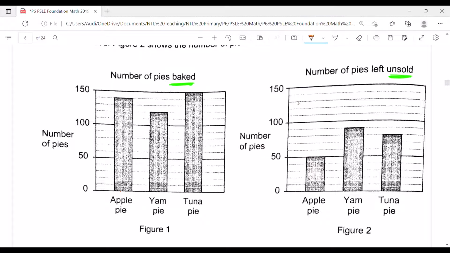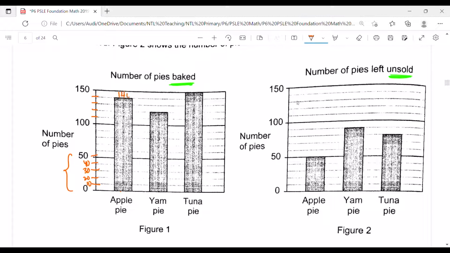So here we know that we always start from here, okay? So we can find out what is one division. What is the value of one line? So this is, let's count, okay? 1, 2, 3, 4, 5. There we go. So this must be 10, 20, 30, 40, 50. So every line is 10. So this must be 10, 20, 30, 40.